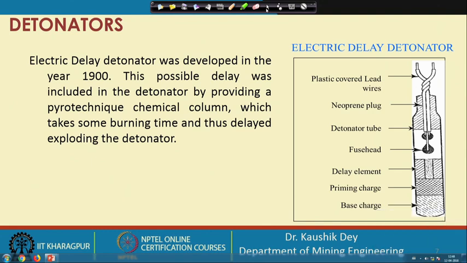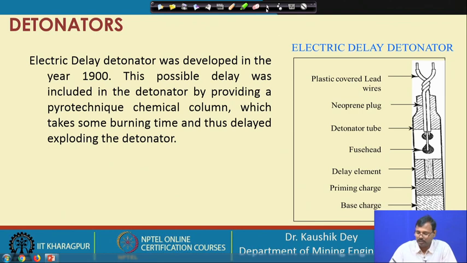So, another development was made in 1900, again by the same Dyno Nobel company: the electric delay detonator was developed. What is this electric delay detonator? They provide some chemical element which takes some time to burn before the flame reaches the primary charge. So, basically a delay element, a pyrotechnic delay chemical, is provided, which gives the burning time, and that burning time is basically the delay time.